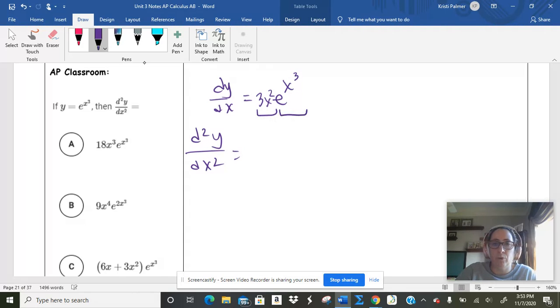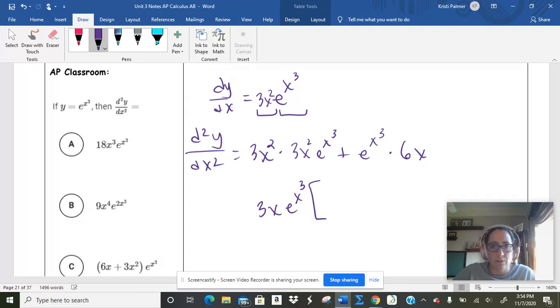Now I see a product rule. The first times the derivative of the second, which we kind of just did, plus the second times the derivative of the first. I'm going to factor out a 3 and an x and an e to the x cubed. And then let's see, I took out a 3 and I took out 1x, so I have a 3x cubed plus 2.